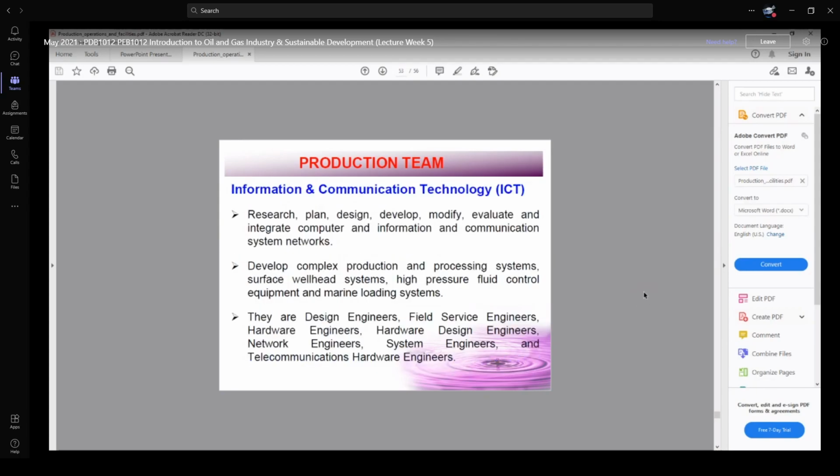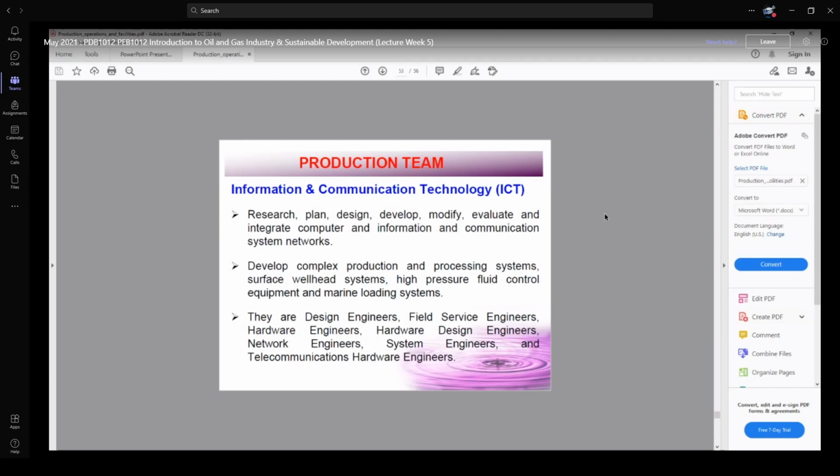Okay. So the next is the ICT, Information and Communication Technology team, which do research, planning, and design, develop, then modify, evaluate, and integrate the computer information and communication system networks for the better management of the production stream throughout.